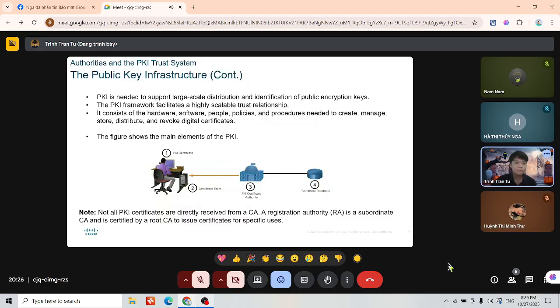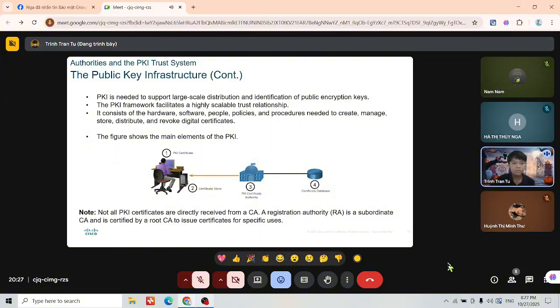4. PKI components include hardware, software, people, and processes, enabling large-scale public key distribution and identification. RA means Registration Authority, a delegated CA under the root CA.